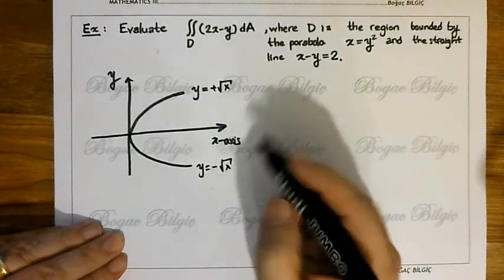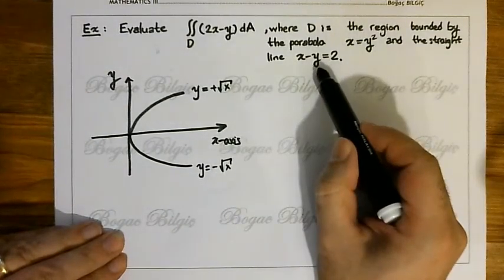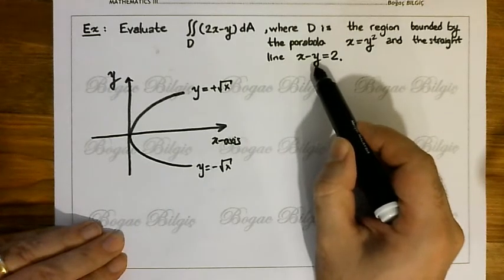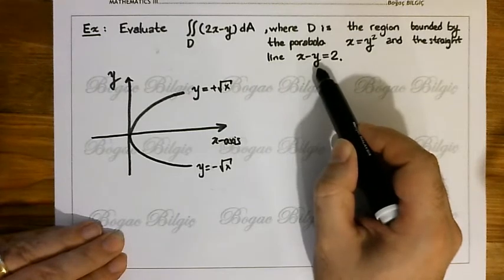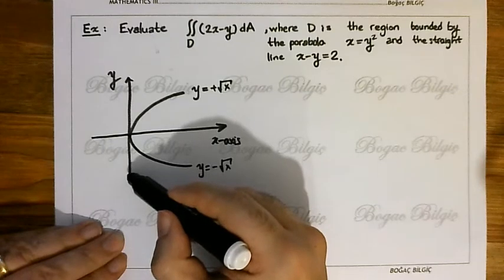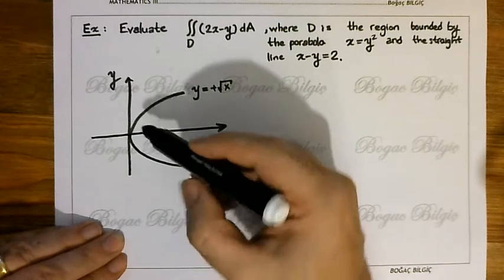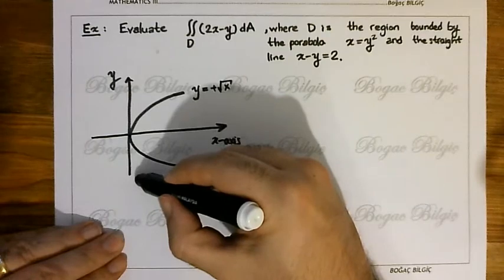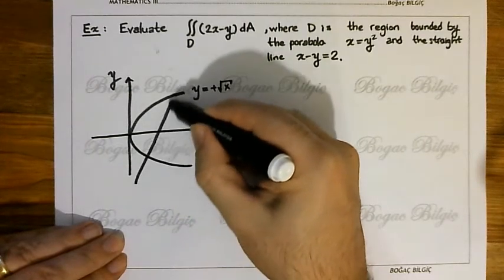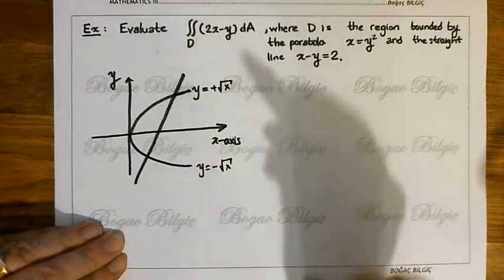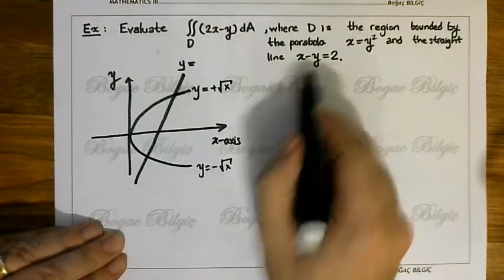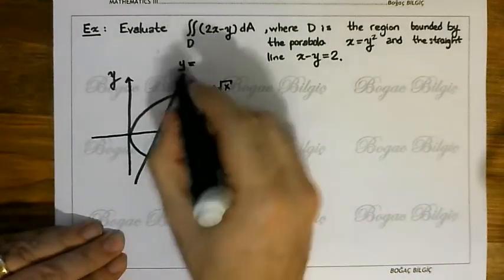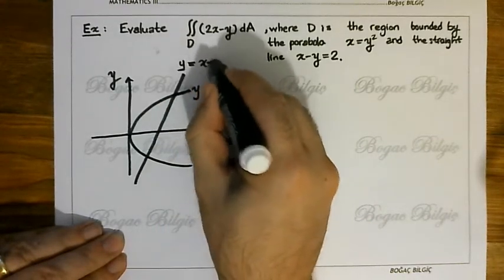And this is the line. x is equal to 0, y is minus 2 and x is 2. So this is y is equal to x minus 2.